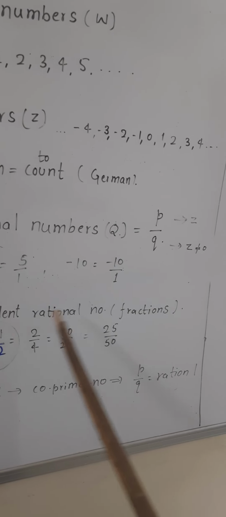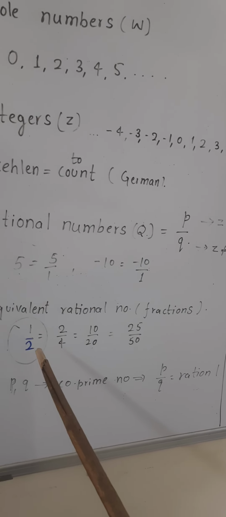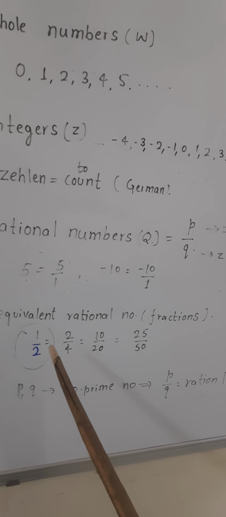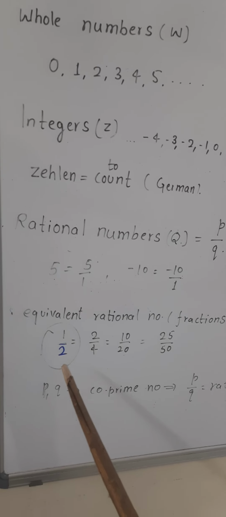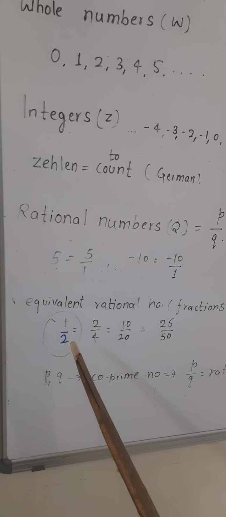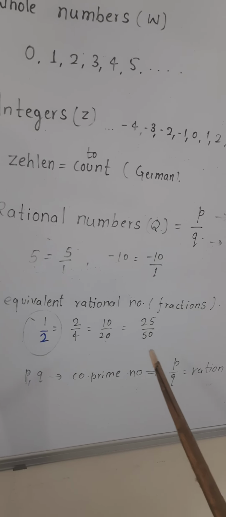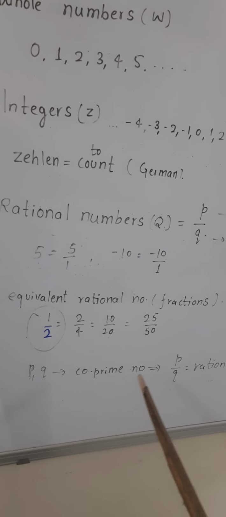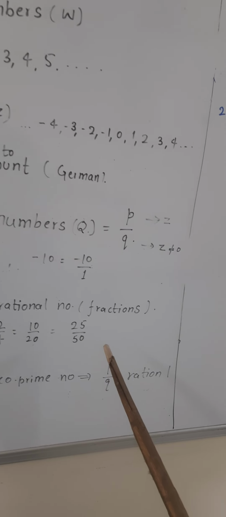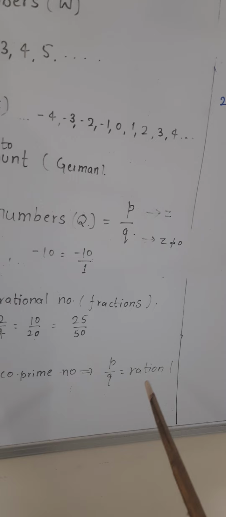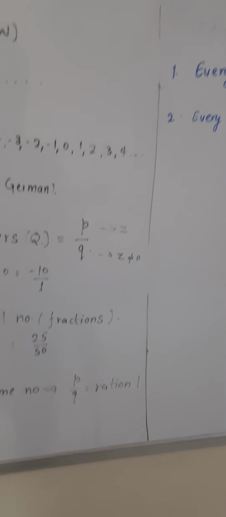But among these equivalent rational numbers, there is one rational number which has no common factor except 1. This is where the numerator and denominator, P and Q, are co-prime numbers, which have no common factor except 1. Then this P by Q form is called the rational number.